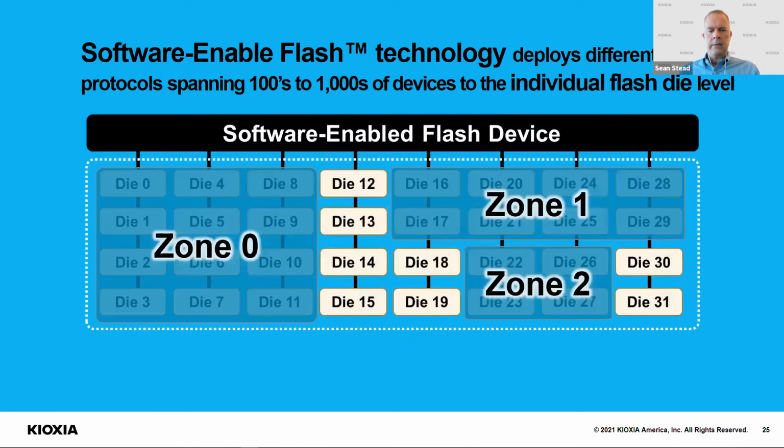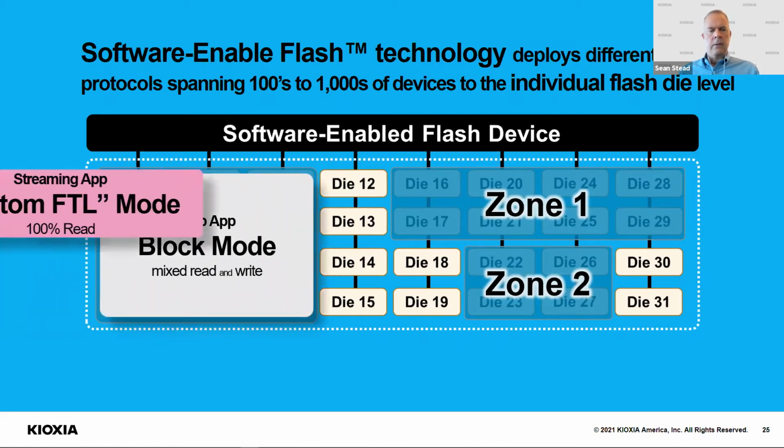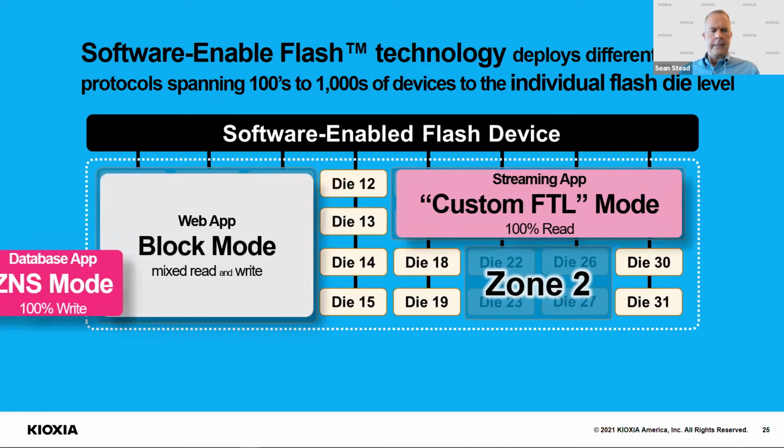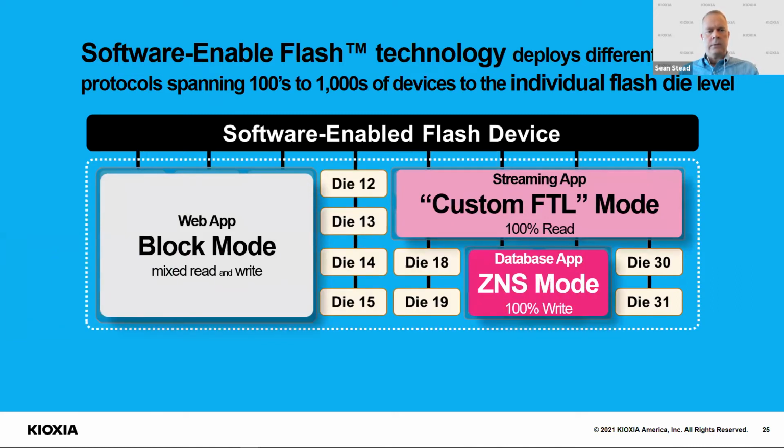We're looking at just one device here with 32 die, and we've isolated the work zones at the hardware and software levels. For example, 3 different drive storage protocols, the block, custom, and ZNS, as we talked about before. Those are physically isolated, so you can see the unused die separating in between there. Again, these workloads are physically isolated from each other.